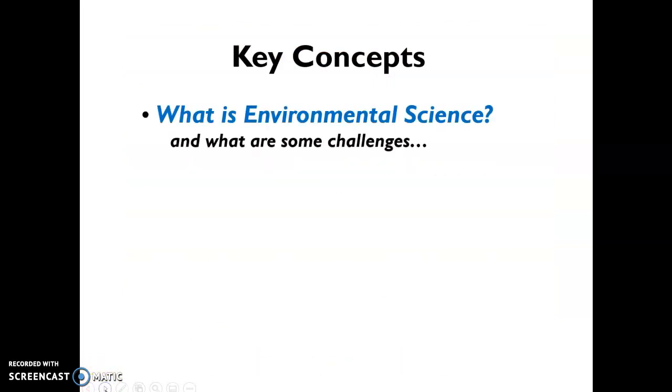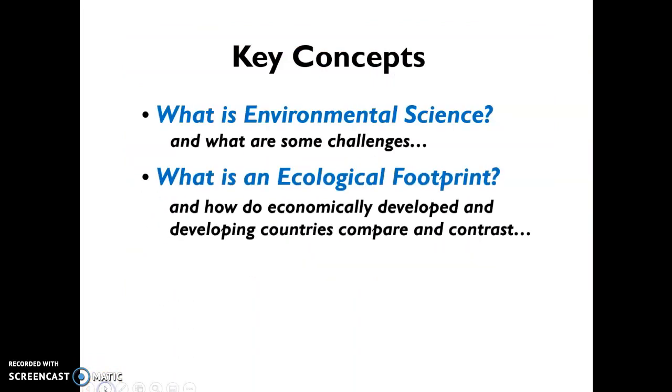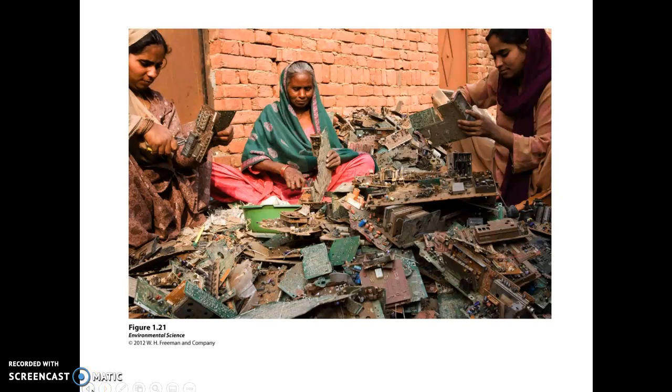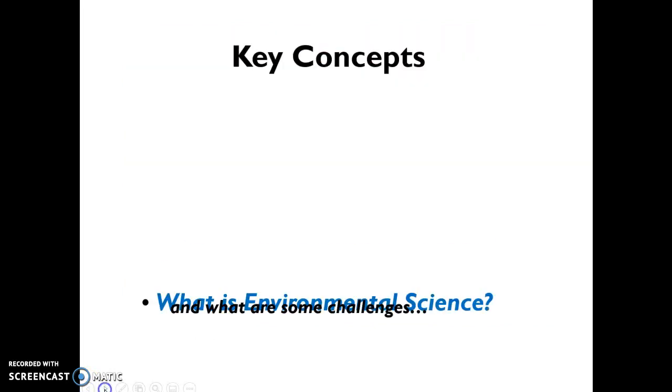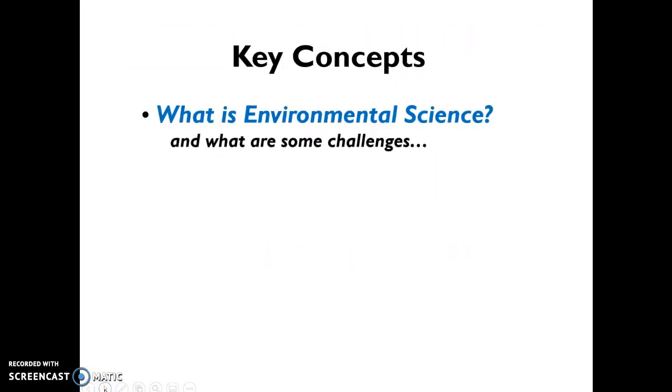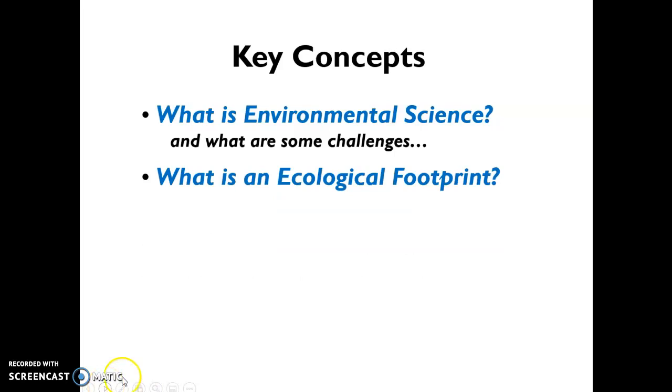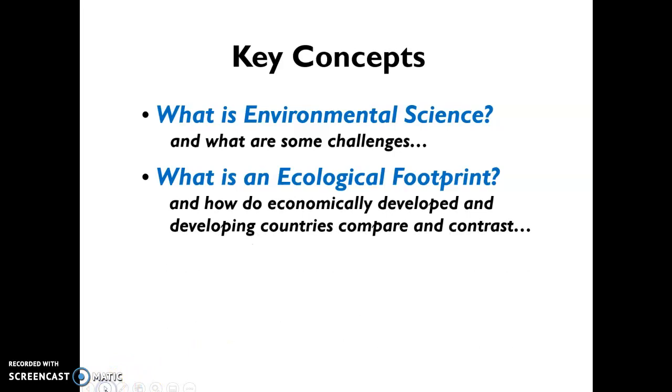Key concepts. This is just showing you some of the things that we need to look at. So you need to be able to define environmental science and what challenges we face. Define an ecological footprint and examine your own and those of your neighbors.